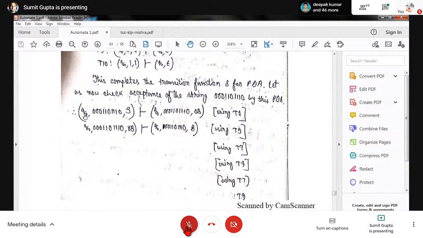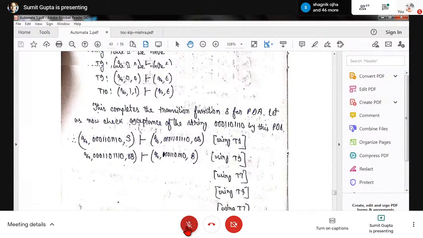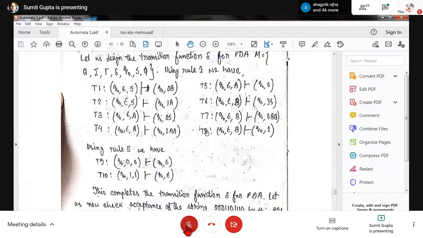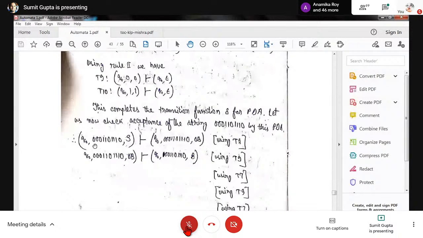Suppose we have Q0 in the starting, the original string, and S is the starting sentential form. We are not using Z0 over here because Z0 is not a part of these transition functions. Since we are mapping from context-free grammar to PDA, that's why Z0 is nowhere there. Over here, Z0 is basically indicated by capital S only, the starting sentential form. Once that is done, the string is 0 0 0 1 1 0 1 1 1 1 0.